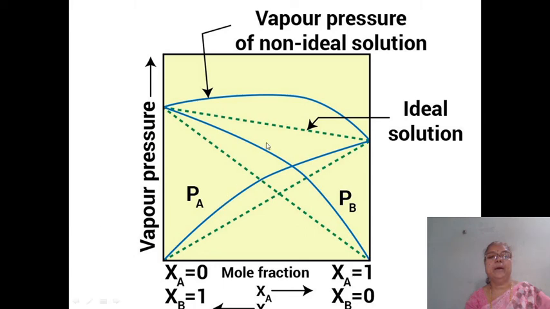Similarly, here also this is a curved line, and this is also a curved line. This is for a non-ideal solution or real solution. And for the ideal solutions, we get straight lines. These green lines are straight lines. They are the ideal solutions. In this diagram, we have shown the Raoult's law for ideal solution and for non-ideal solution. Remember well.